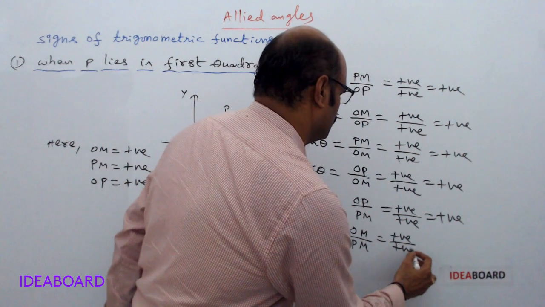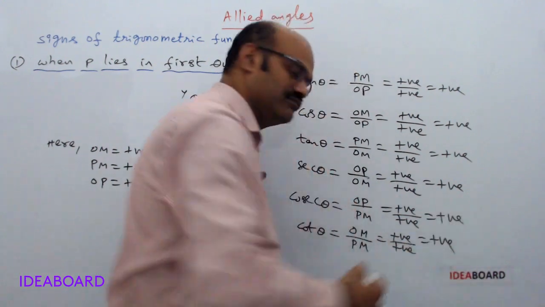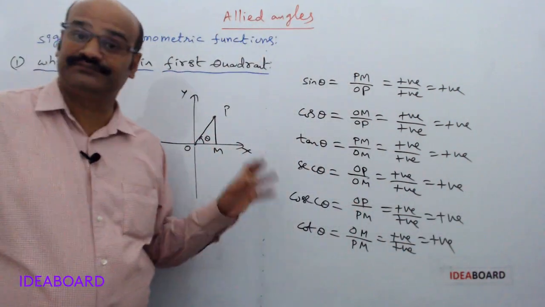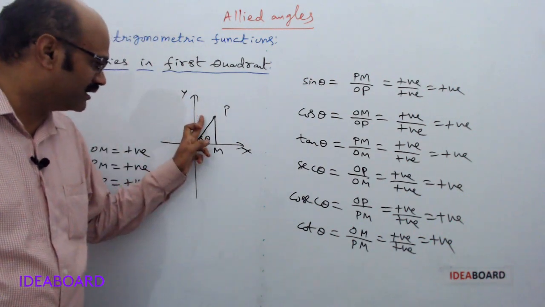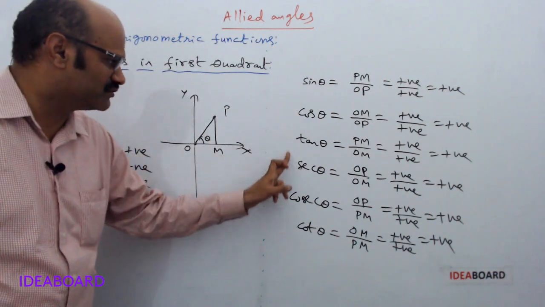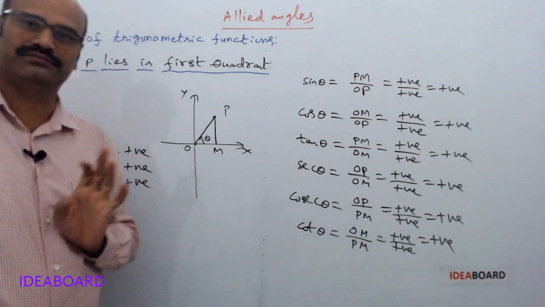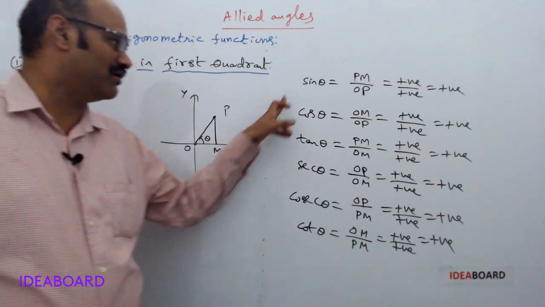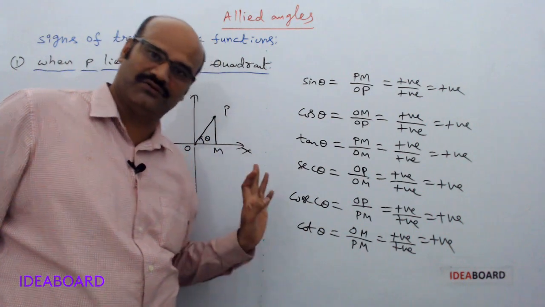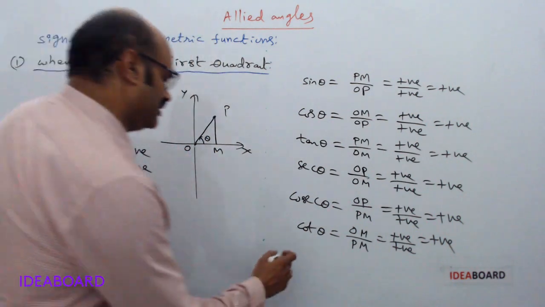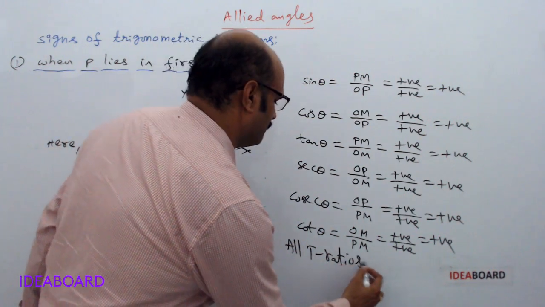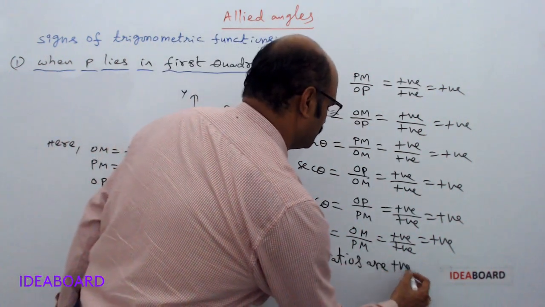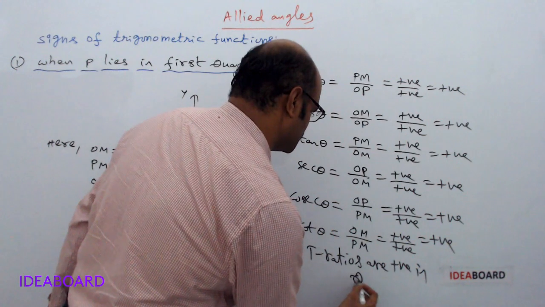So we conclude that in the first quadrant all trigonometric ratios are positive.